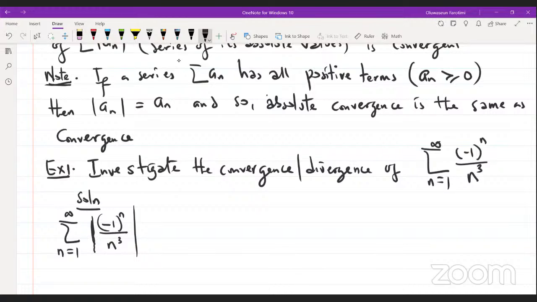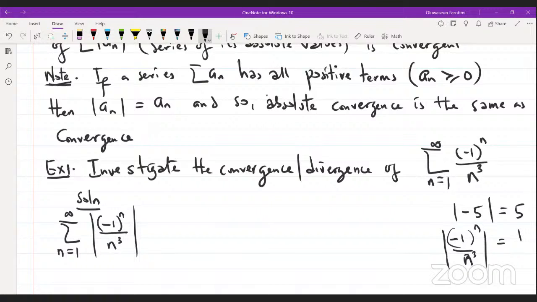Now, keep in mind that this (-1)^n tells me that I have alternating signs. Now, remember that if you have absolute value of -3, this just gives you 3, right? Or if we have -5, this gives us 5, right? So now think about this, guys. (-1)^n divided by n cubed. In terms of the absolute value, what does the absolute value do? It's going to get rid of the negative sign.